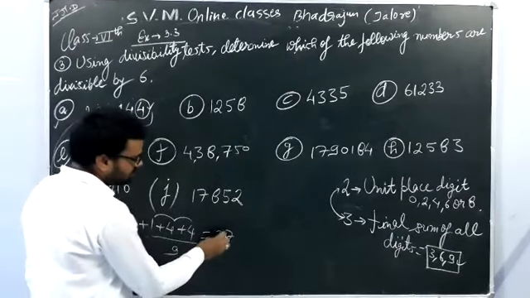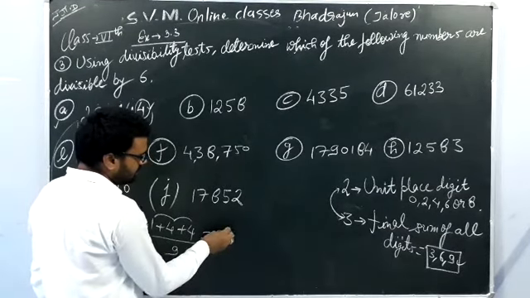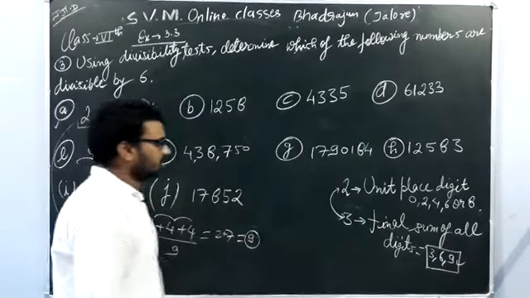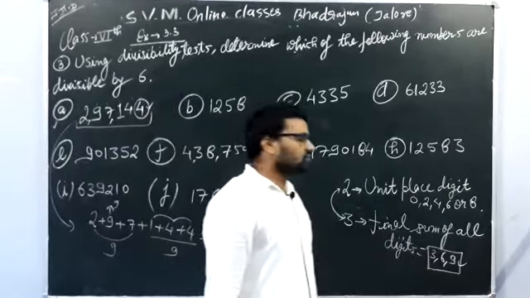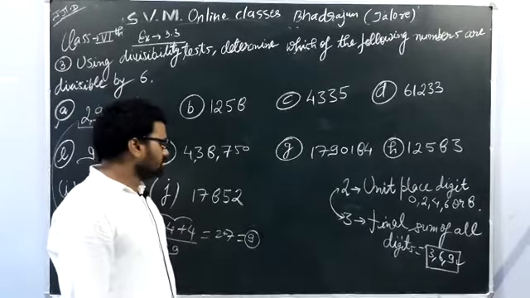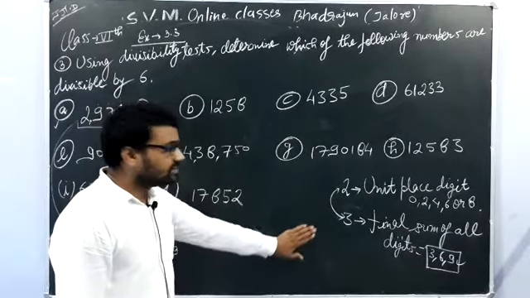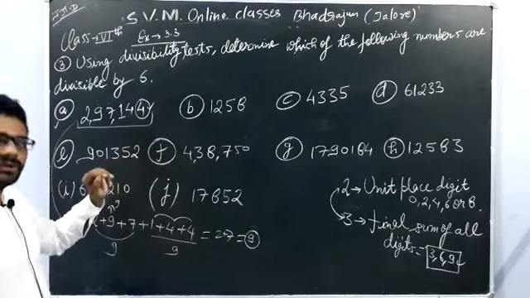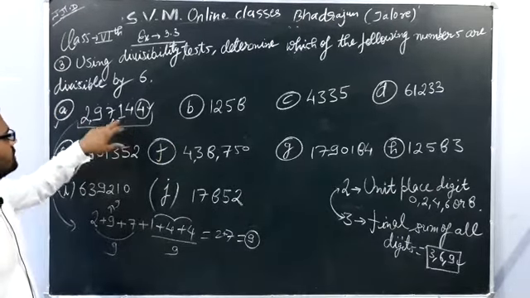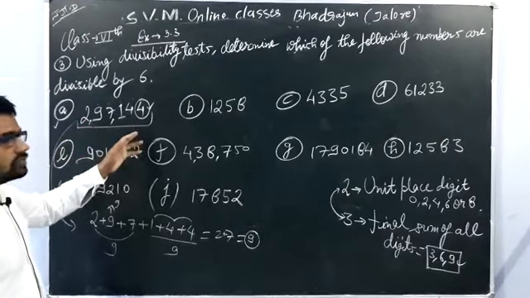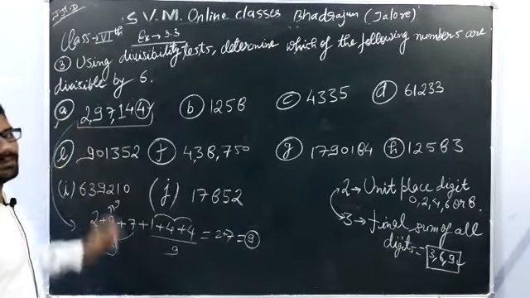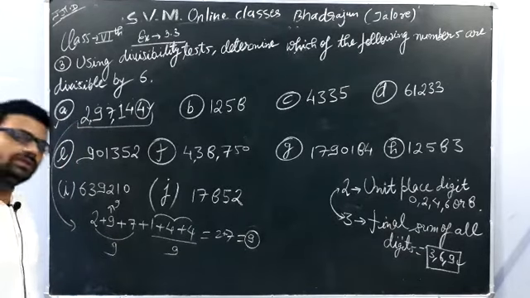This is not the final sum. We will add further these two digits and we will get 9. So it can be easily seen that this number will be divisible by 3 also. This number is divisible by 2 and 3 both, so the number given in A part will be divisible by 6 as well.